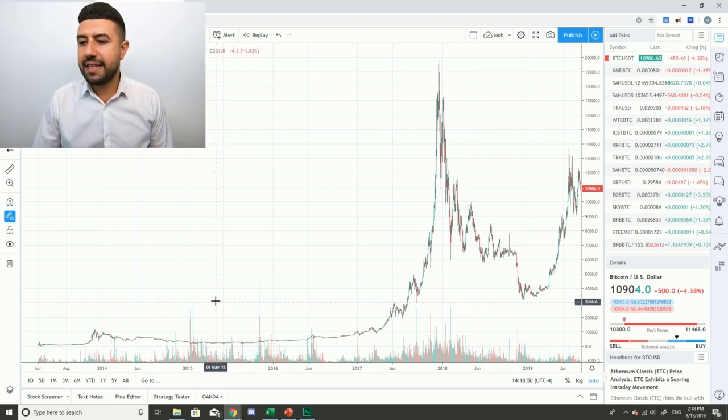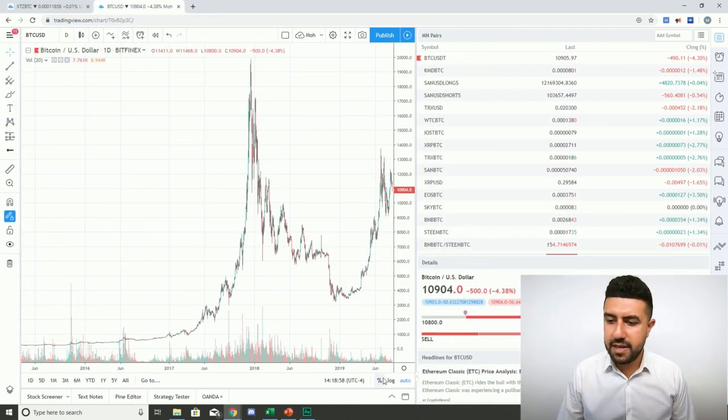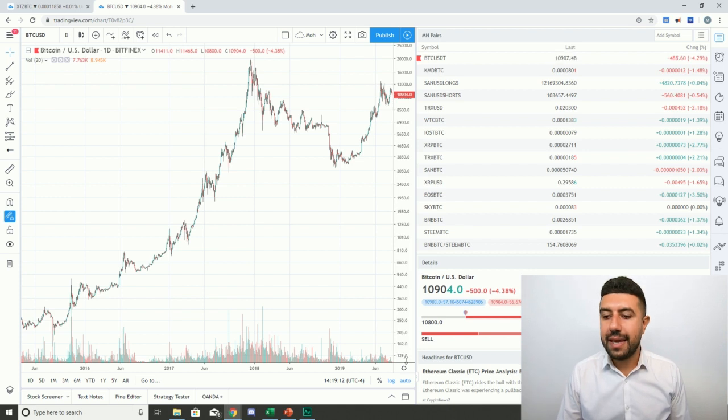So what you have is log scale. At the bottom here, and let me move this out of the way in case you're seeing my face, if you click on the log here, it's going to transform this chart from a regular price-based chart into a logarithmic price scaled chart. So I click on it, and now the chart is distanced in terms of percentage.